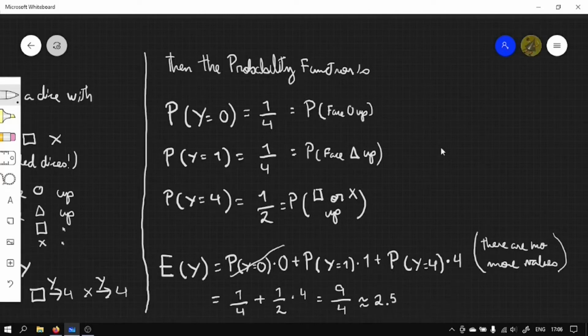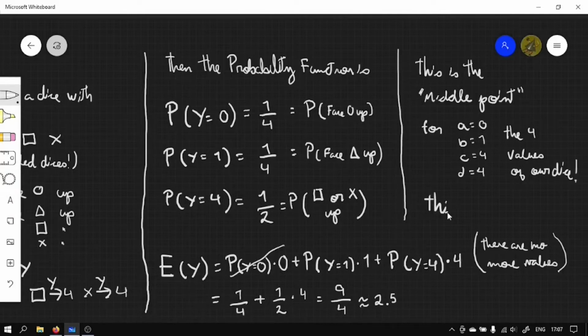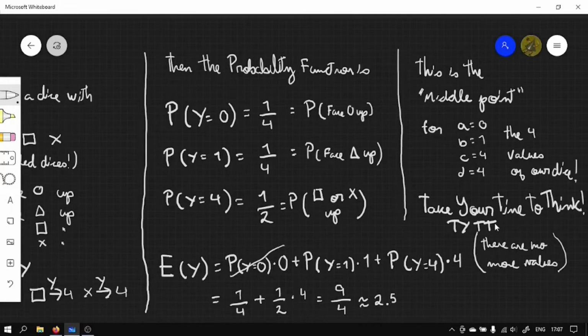So we can think of this as the middle point between these 4 elements. And again, the point 4 weighs double. Take your time to think about this, because it's important to understand very well what the mean means.